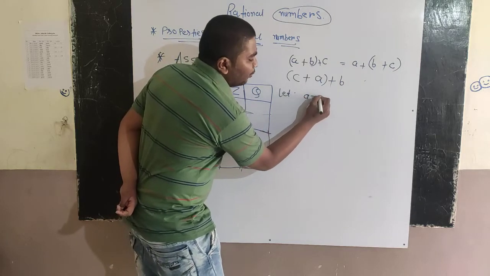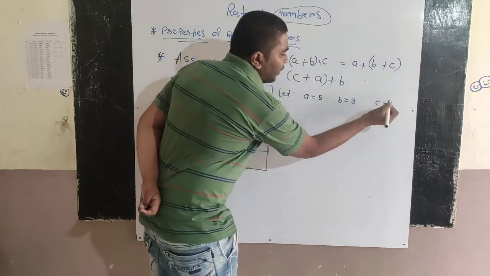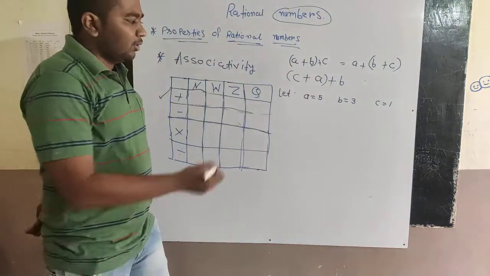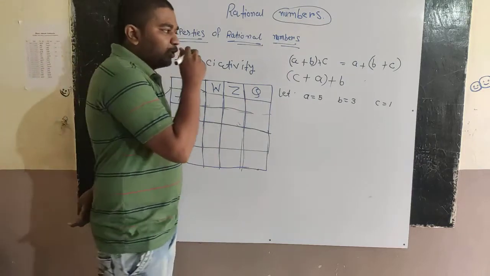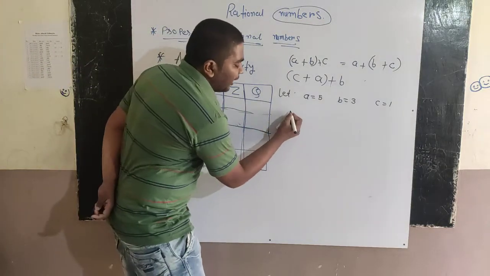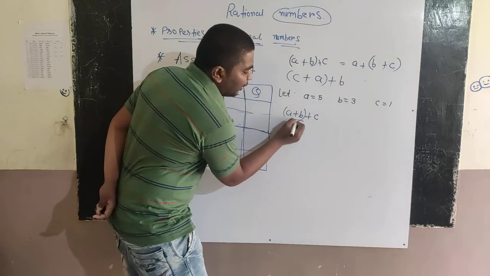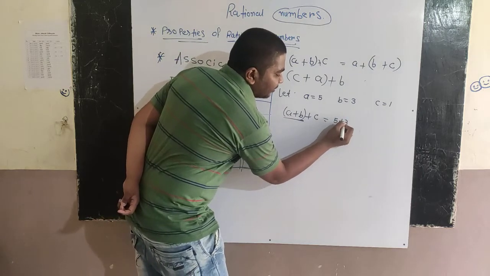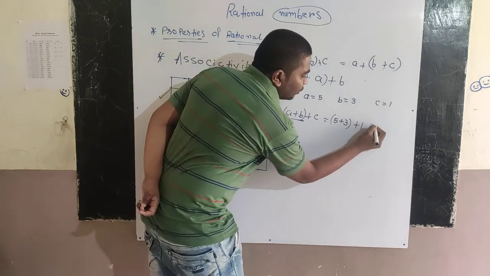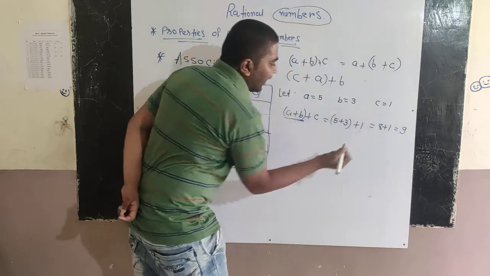A is equal to 5, B is equal to 3 and C is equal to 1, I am taking. Now I am going for the addition side, the first basic operation. So A plus B plus C: first I have to do A plus B because of BODMAS. So 5 plus 3 plus 1, it would be 8 plus 1, that means it is 9.